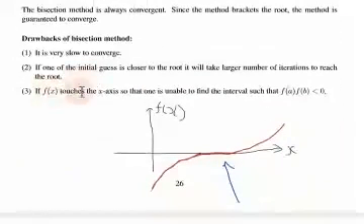And another one: if f of x touches the x-axis, then you are unable to find the interval such that f of a times f of b is negative. You know that if the product of f of a and f of b is negative, then you can say there's a root in between a and b, in the ab interval.